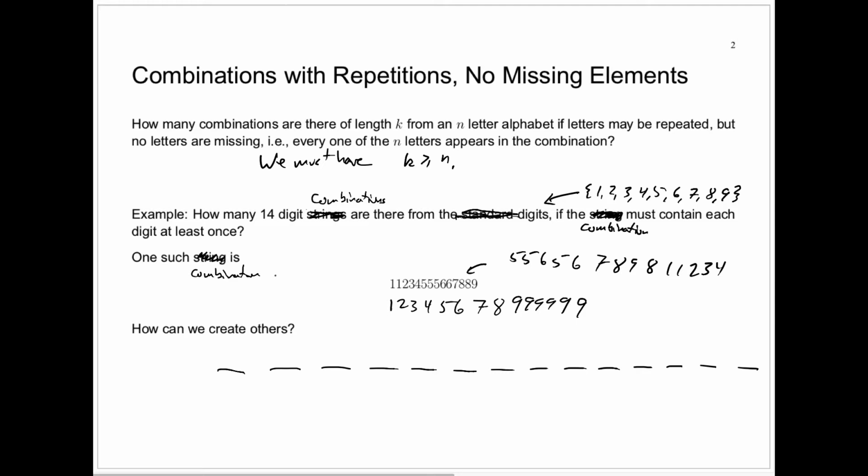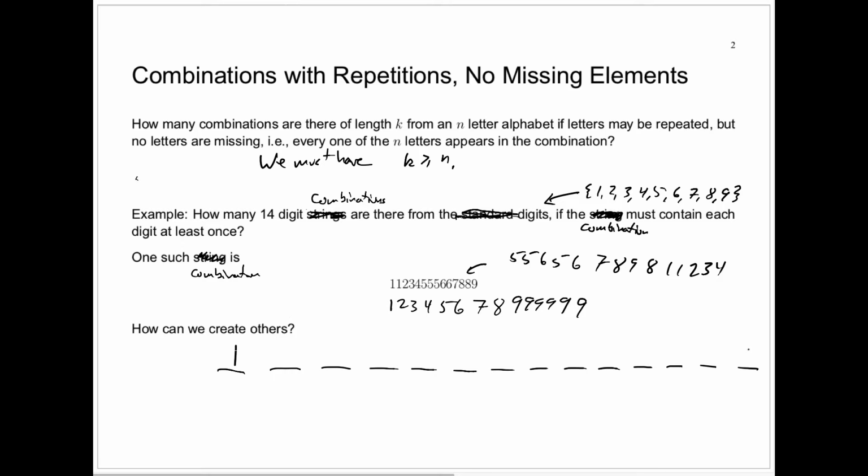Our question now will be, how can I create such combinations, 14-digit combinations containing each digit at least once? How can I create them? And I want to answer that question in such a way that I can count the number of ways that I can create them. So if I choose to write them in increasing numerical order, we know that I'll start writing here a 1, because there has to be a 1, and that will be the smallest digit.